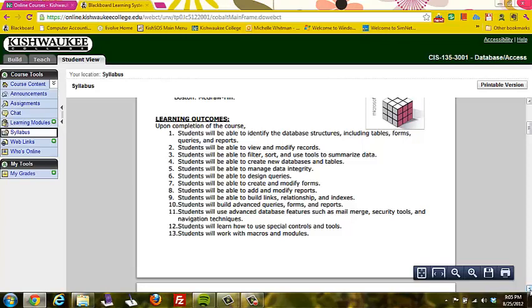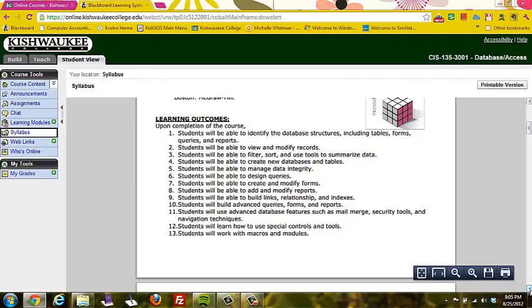We will be viewing and modifying records, filtering, sorting, and using tools to summarize data, creating new databases and tables, managing data integrity, designing queries, creating and modifying forms, adding and modifying reports, building links, relationships, and indexes. We're going to do advanced queries, forms, and reports, advanced database features, and then we're going to use some special controls and tools, and lastly, macros and modules.